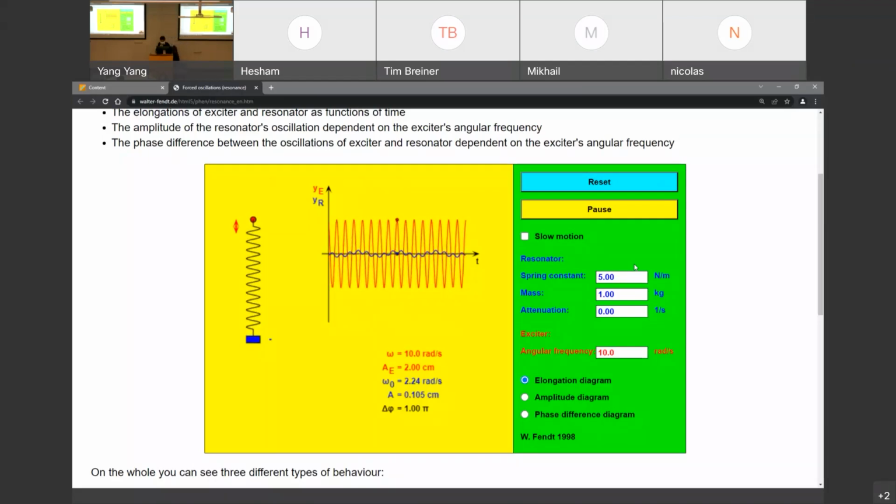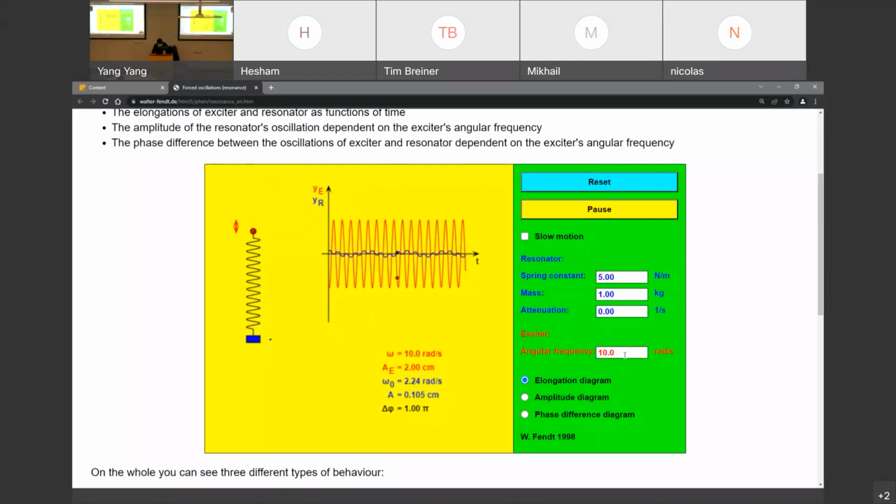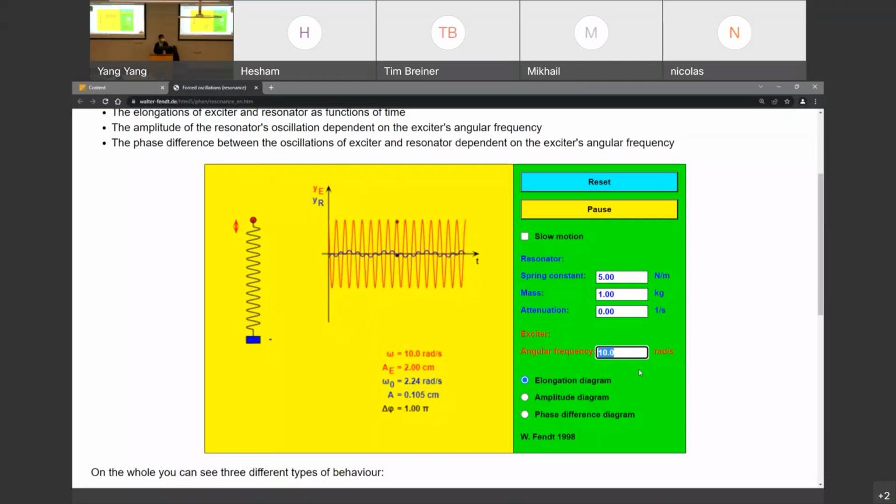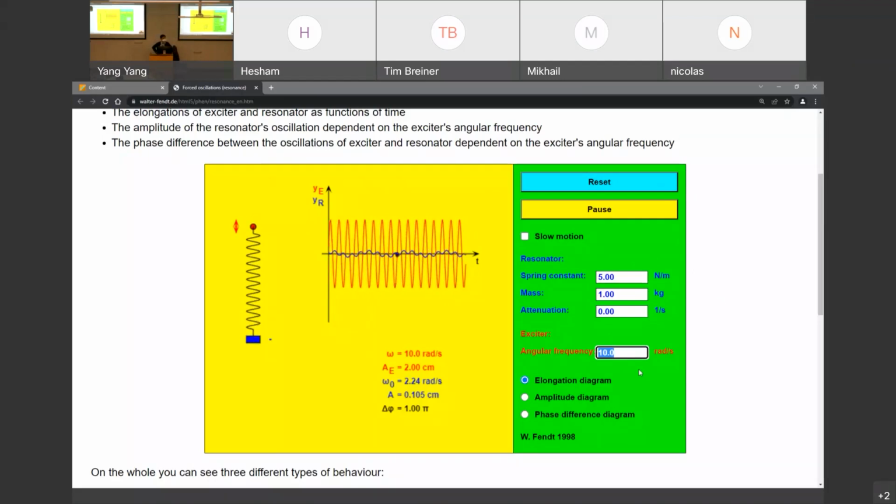So for example, if the exciter's frequency is 2 times, 3 times, or 4 times, right? We have 2 times, that's about 4.48, correct? Means steady.